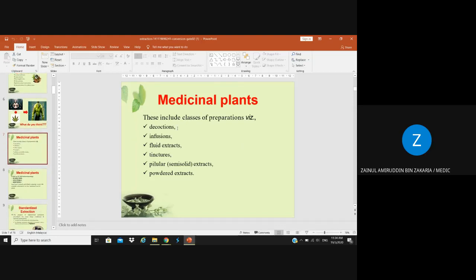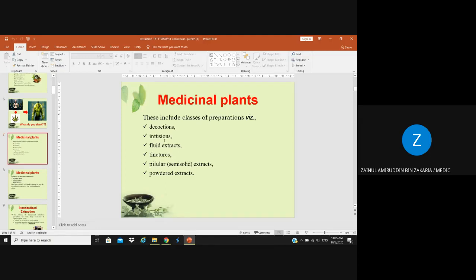The different names are actually because of the method of preparation. Sometimes you use cold water to soak your leaves or plant sample, or you use hot water, and how many hours you leave your plant in the hot water or cold water, that makes the terms different.